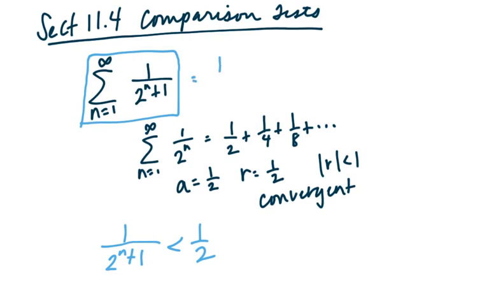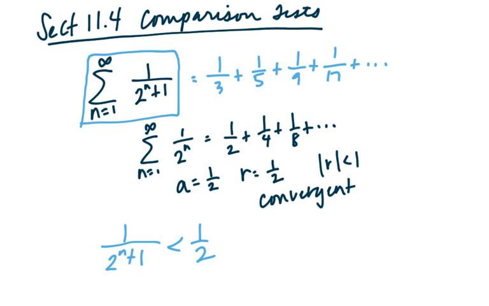The terms of this would be 1 over 3, then 2 squared is 4 plus 1 is 5, 8 plus 1 is 9, 16 plus 1 is 17. So you can see that each of the terms is smaller than the one before. So the partial sums are also smaller than 1, and it's a bounded increasing sequence, so it's convergent. So the sum of this is less than 1.